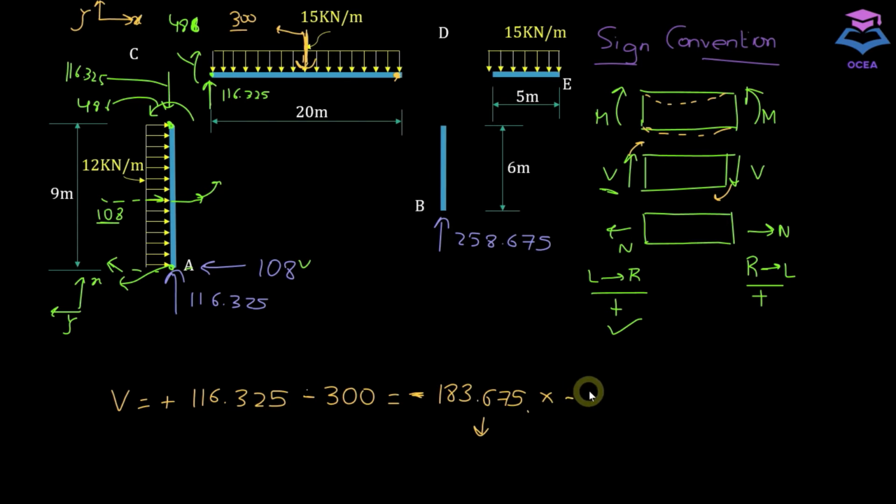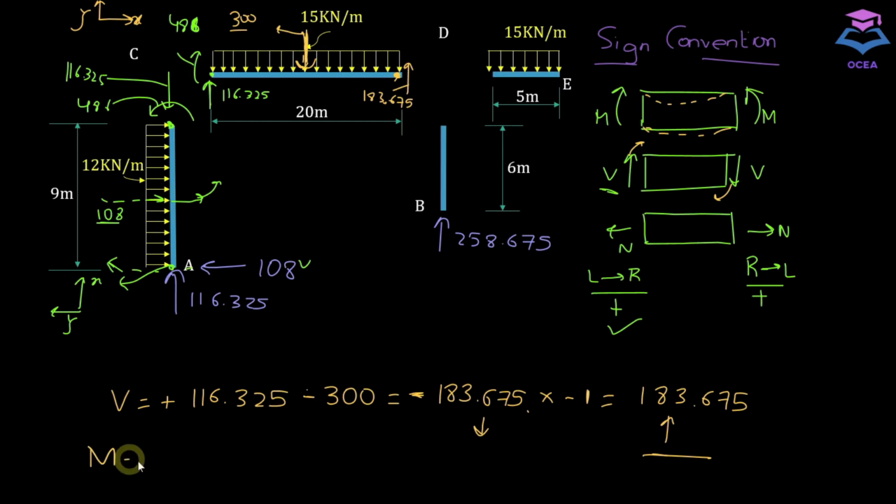So we just need to multiply it with -1 to keep this member in equilibrium. So the force that we need to apply to keep this member in equilibrium in case of shear is 183.675 going upward.